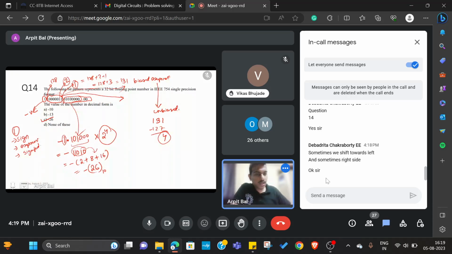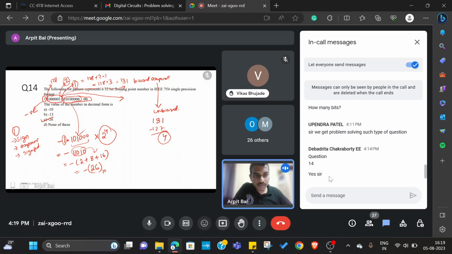Coming to Upendra's question, can you please elaborate where exactly the problem is while solving these forms of questions? Is it the floating point representation itself?